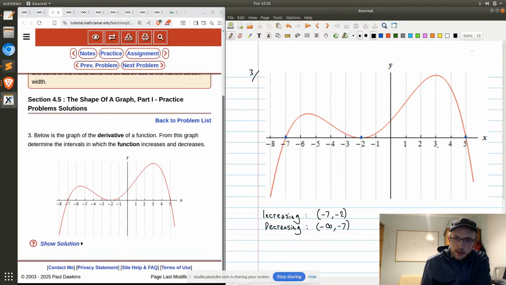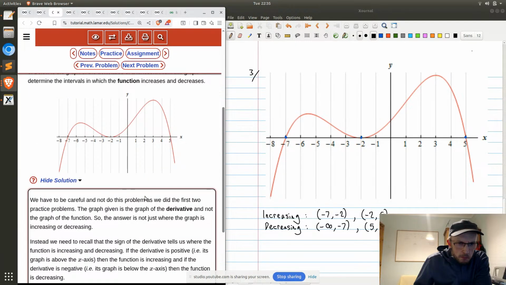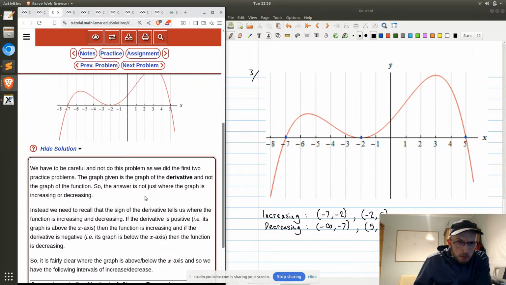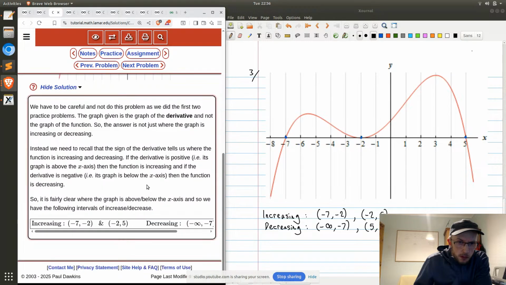And then it continues increasing. And then it starts to decrease. But let's see if that's right. Yep, that's correct. Okay, that's good.